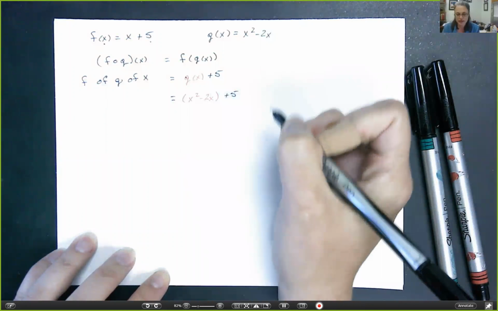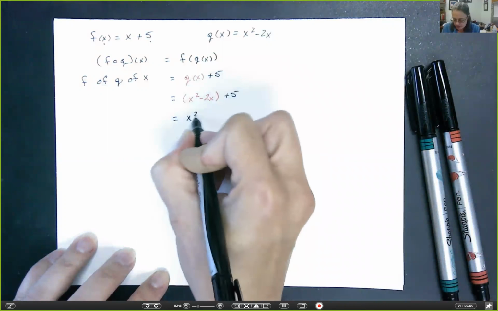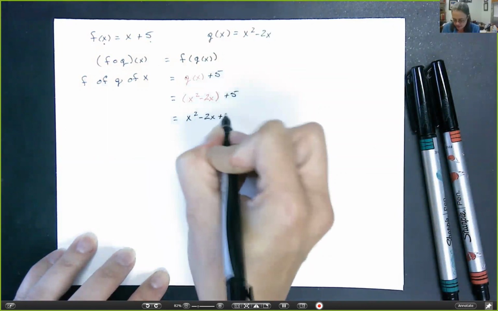Now I combine like terms: x squared minus 2x plus 5.